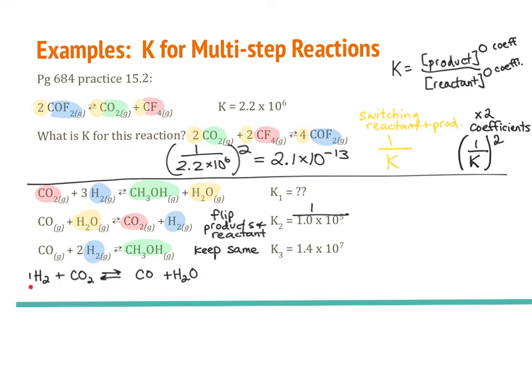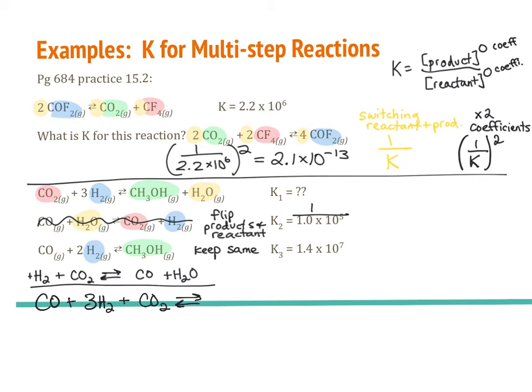And I'm going to try to add together these two reactions that I now have hopefully adjusted to match. So like I'm not looking at this anymore, I'm looking at how I've rewritten it. So adding together all my reactants, it looks like I have one CO, I've got three H2s, and I've got a CO2 here. So CO plus three H2s plus a CO2.